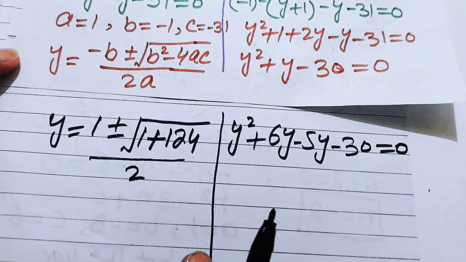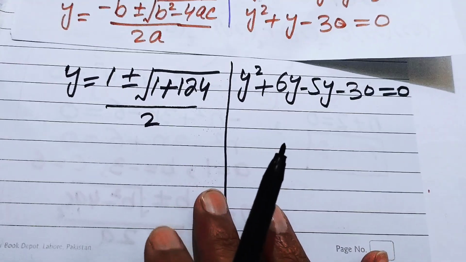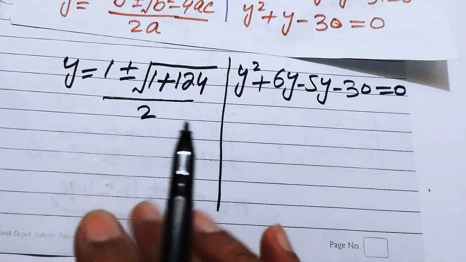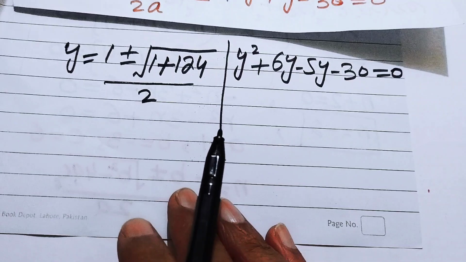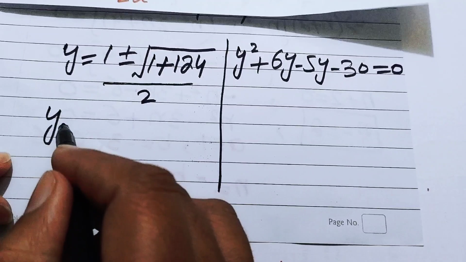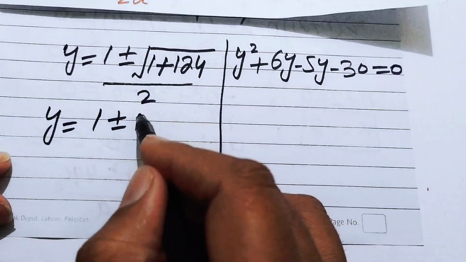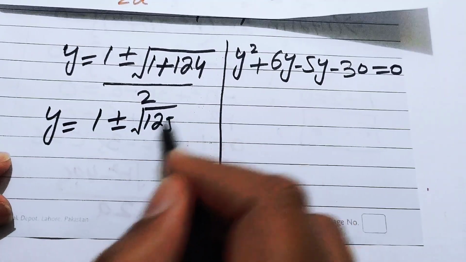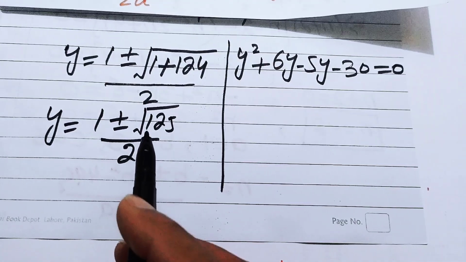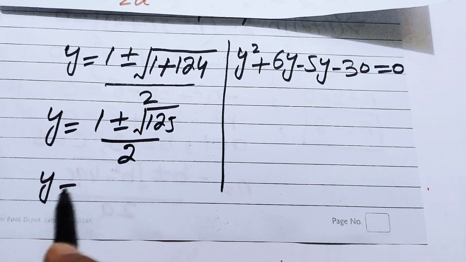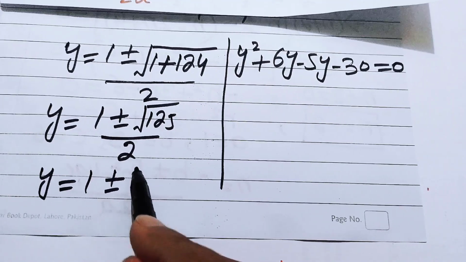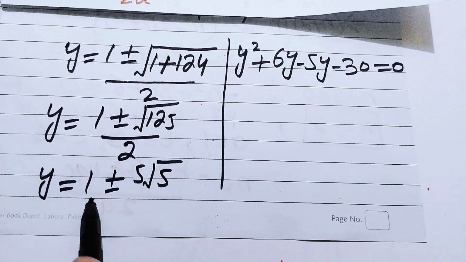So in the next step, you see here we just need to simplify this equation, and now we say that y equals to 1 plus minus, it will be equals to 125 over 2. So you know that 125 will be written as 1 plus minus 5 times of square root of 5 over 2.